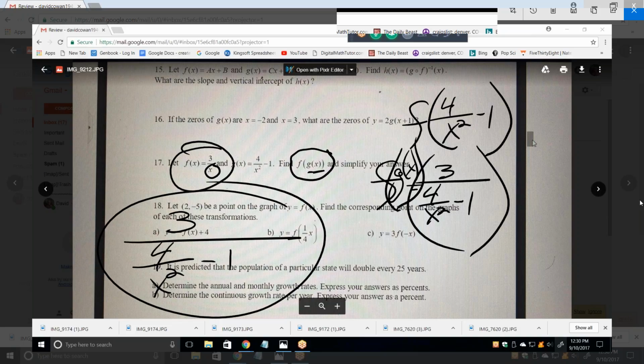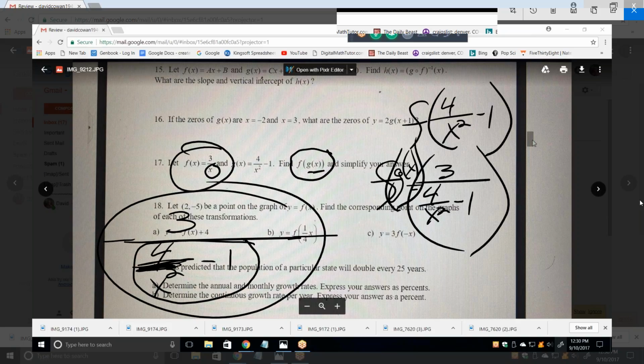Whenever you're trying to simplify this, when you have two fraction bars, in other words, you have the main fraction bar, and then in either the numerator or the denominator, you have another fraction bar, you have to simplify that to begin with. I cannot flip and multiply until that is simplified.